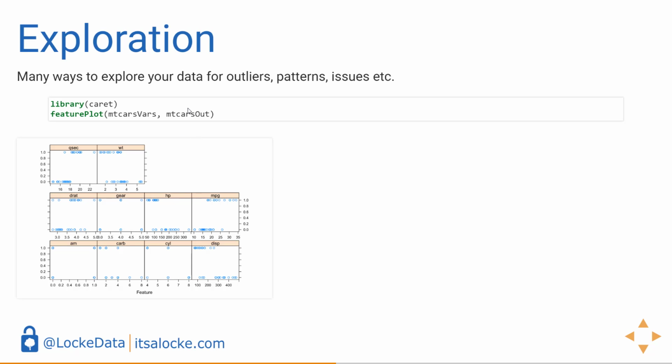Caret, which is a package we'll be using again and again, has some handy functions that show you, based on the outcome, the distribution of values, so that you can see what sort of distributions you get by class. There's a lot you can do here, and you should spend a lot of time looking at your data.